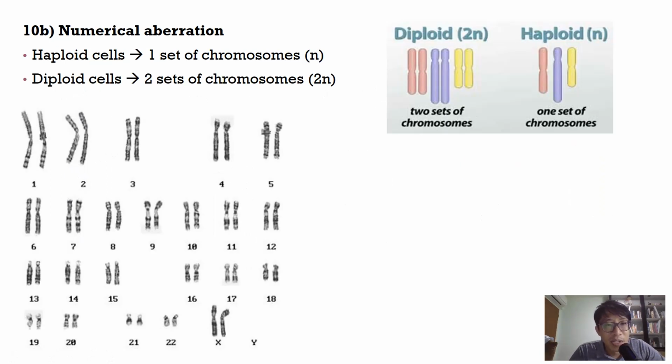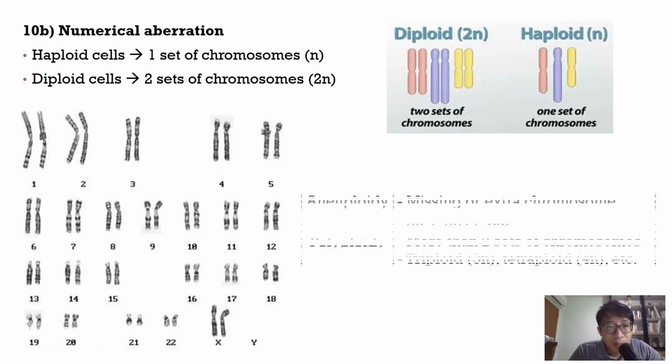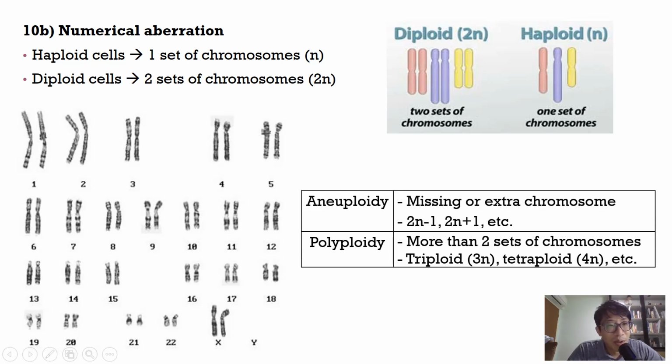And then in terms of numbers, you have aneuploidy or polyploidy. Ploidy refers to the number of sets of chromosomes. For us humans, we are diploid. That's why in our karyotype, which shows the arrangement of the chromosomes, there are always two per chromosome, two sets of chromosomes. Haploid is when there's only one set.